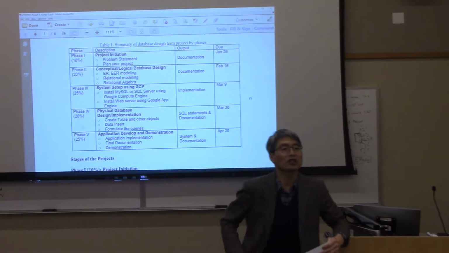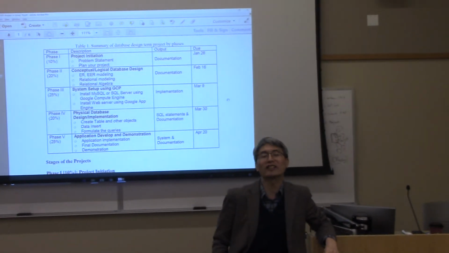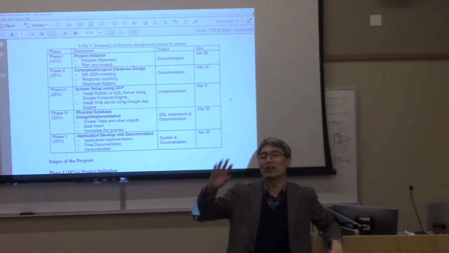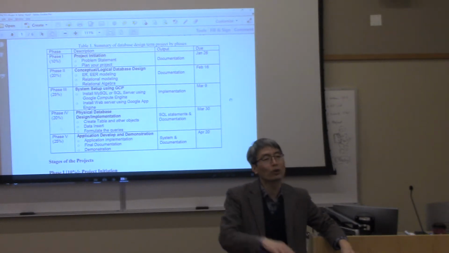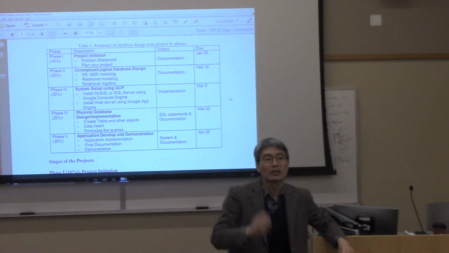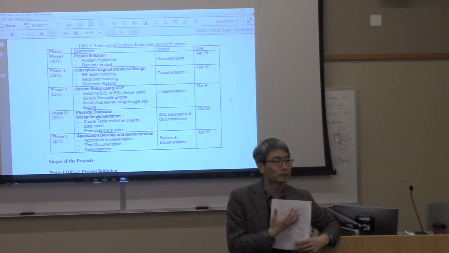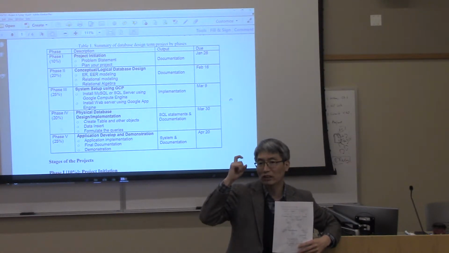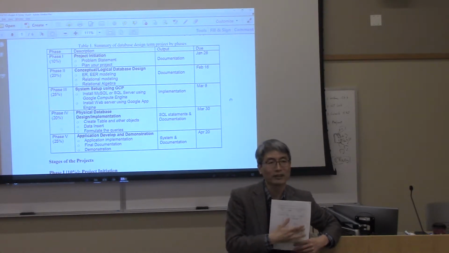You can search existing database courses at other universities or institutions, or Google, any source to find the project description. Okay? Not just taking a photo, at least type the project.